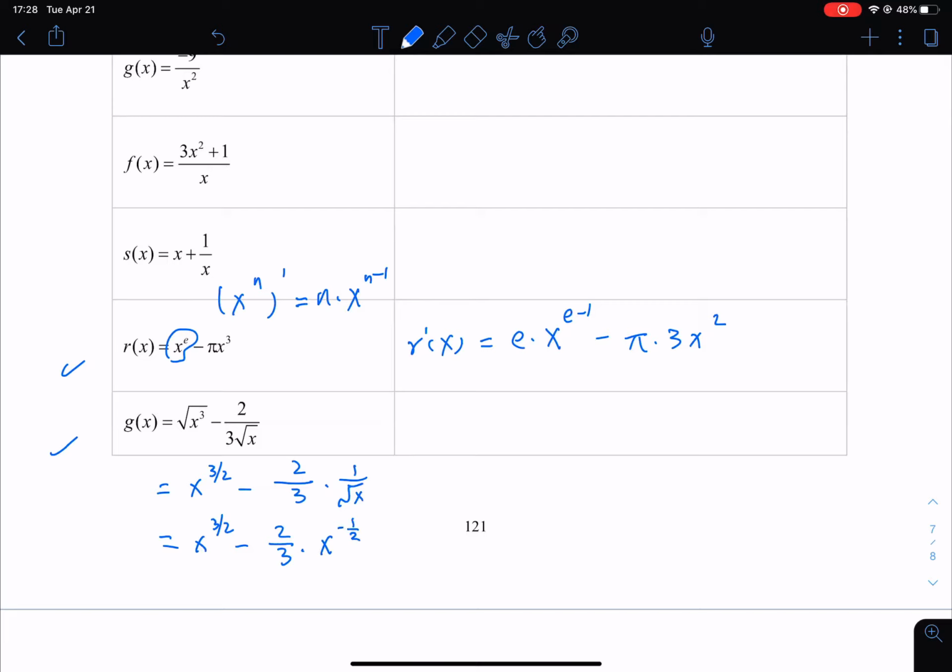So let's take the derivative. g prime of x is just 2/3 times 3/2, x to the 3/2 minus 1, which is 1/2. Then minus 2/3, and this one is minus 1/2 multiplied by x to the minus 3/2. So it's just, and this term plus 1/3 x to the minus 3/2.